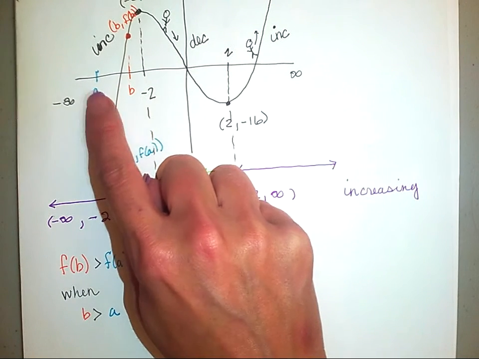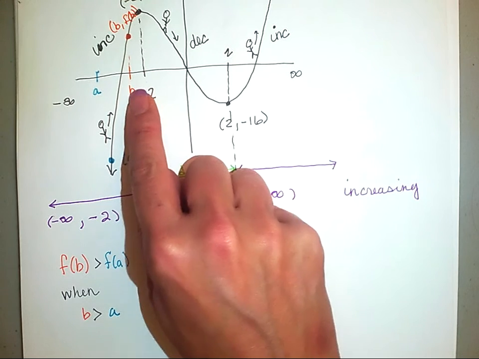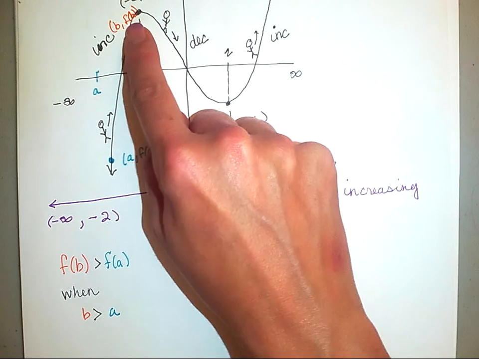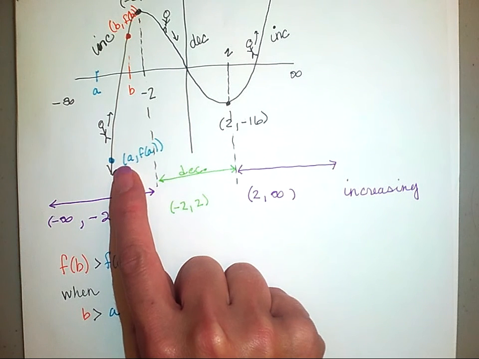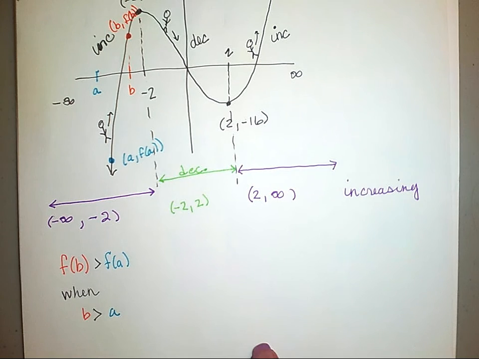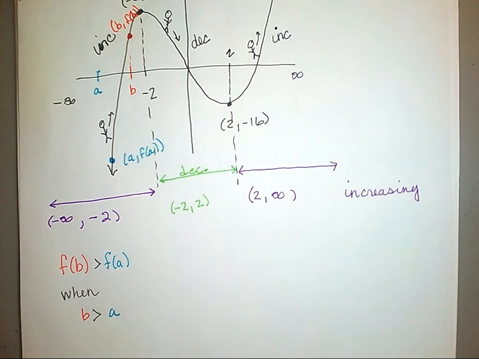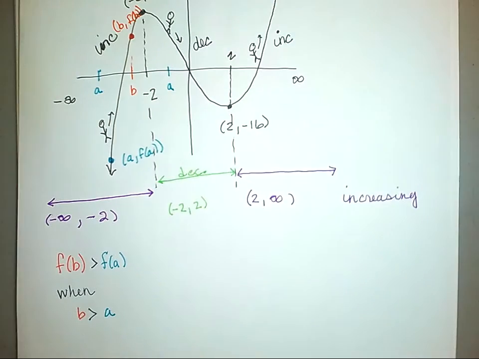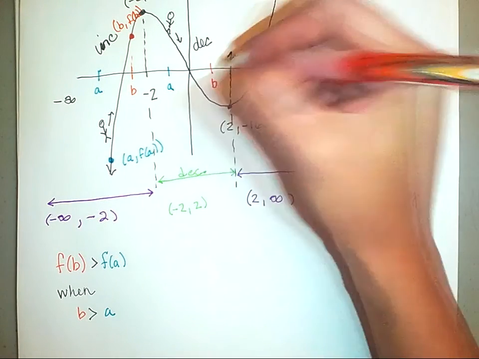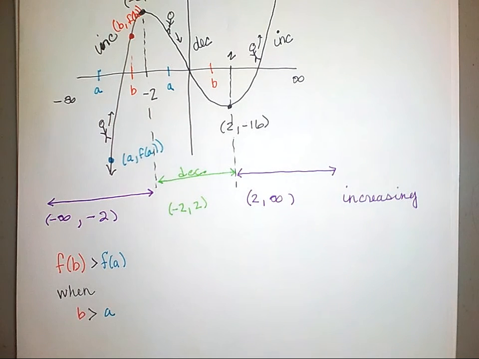And that happens when B is bigger than A. So this is a definition for increasing. I have B is greater than A. So it is less negative, therefore it is greater. And the function evaluated at B is greater than the function evaluated at A.